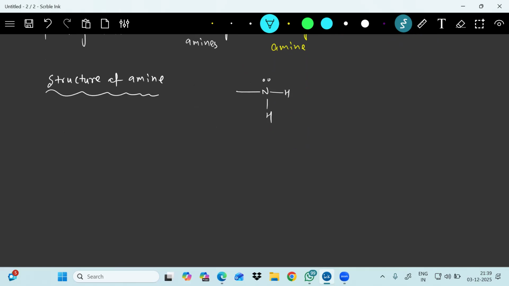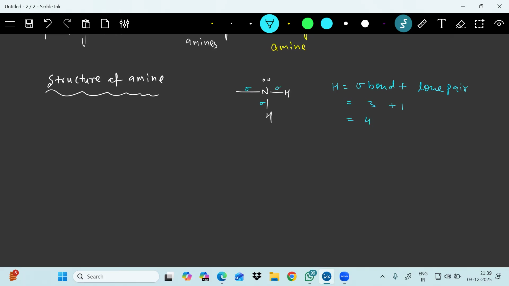Around this nitrogen you can see one sigma, second sigma, and third sigma bond, and one lone pair. We know the hybridization is equal to the number of sigma bonds plus lone pairs. The sigma bonds are 3 and the lone pair is 1. 3 plus 1 is equal to 4.